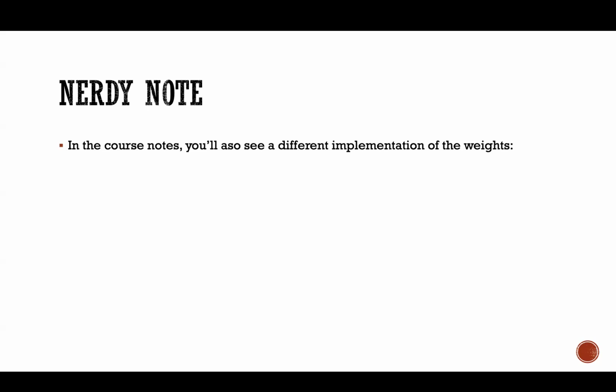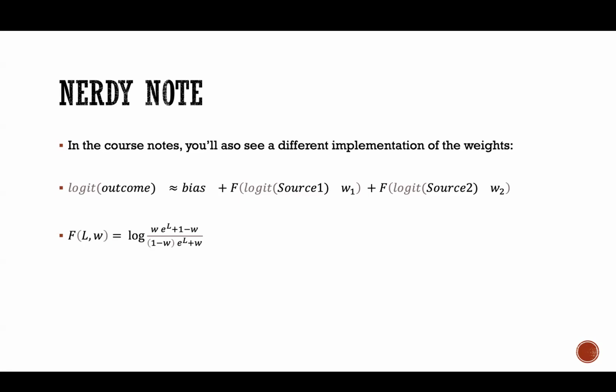But there are several papers out there that are actually considering a different mathematical format of the weight, in which the way that the source and the weight are combined is passed through a function, which is the log of the weight times the exponentiation of the likelihood plus 1 minus the weight, divided by 1 minus the weight times the exponentiation of the likelihood plus the weight.